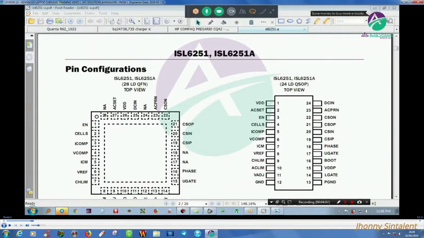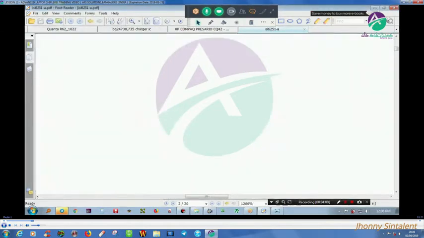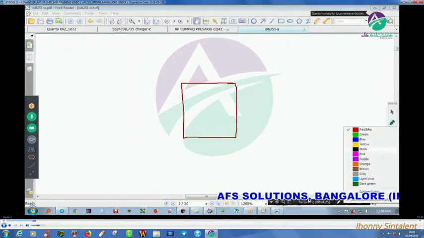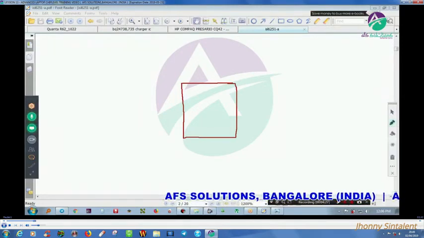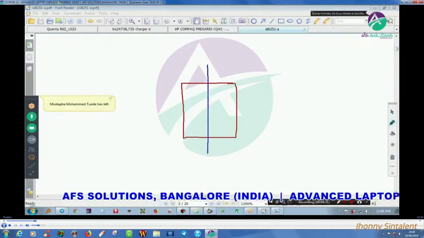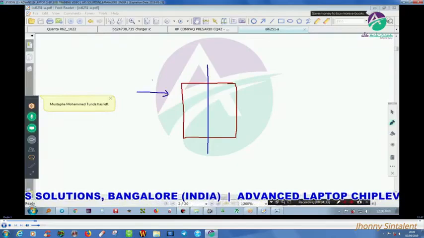Before understanding a charging IC, I would like to tell you that whenever I am speaking about an IC, suppose this is my IC, the IC is divided into two parts. One is my input part.